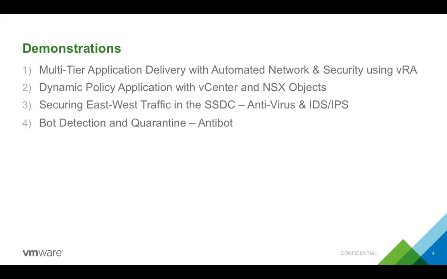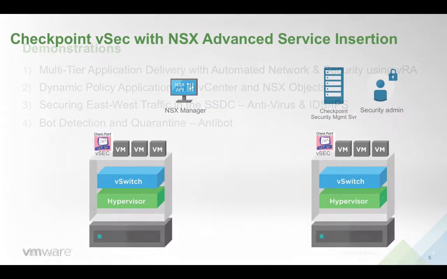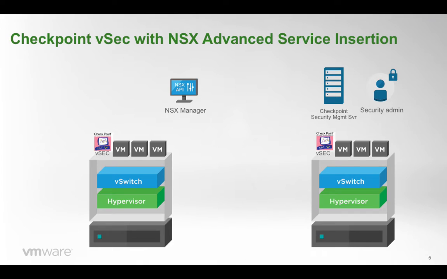Okay, so these are the few demonstrations that I've shown you, and this is all possible with the integration of Checkpoint with NSX. The version I'm using in my demo is the R80 Checkpoint security management server, and the vSEC itself is the R7730 service VM.